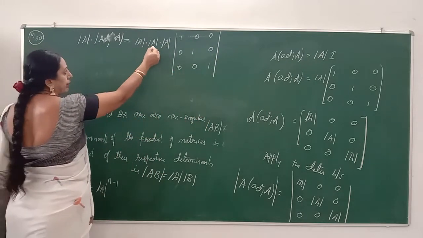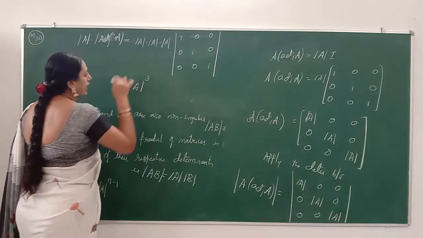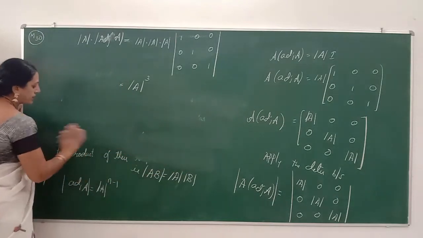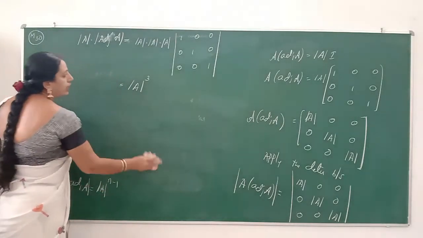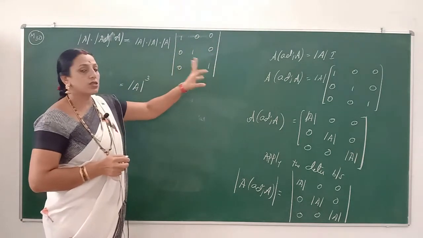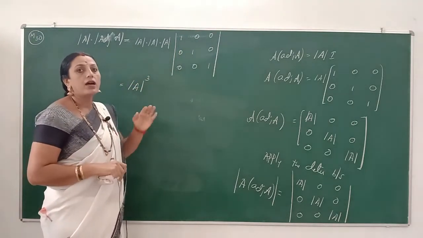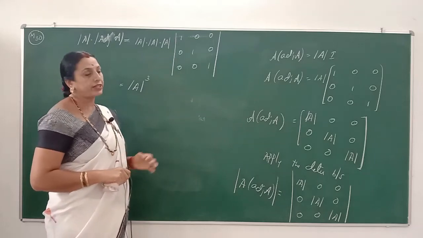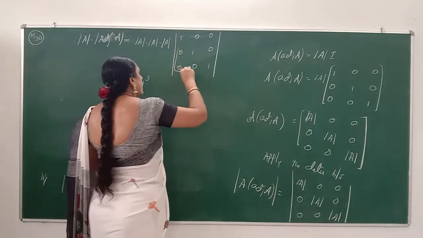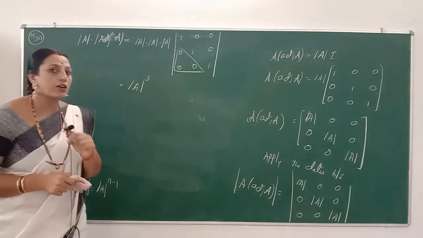Then determinant of A into determinant of A into determinant of A is nothing but determinant of A whole cube, into determinant of 1 0 0, 0 1 0, 0 0 1. It can be simplified either by the expansion method or by using the properties of determinants. Using the properties of determinants, if all the elements on one side of the leading diagonal are 0, what is the value of the determinant?